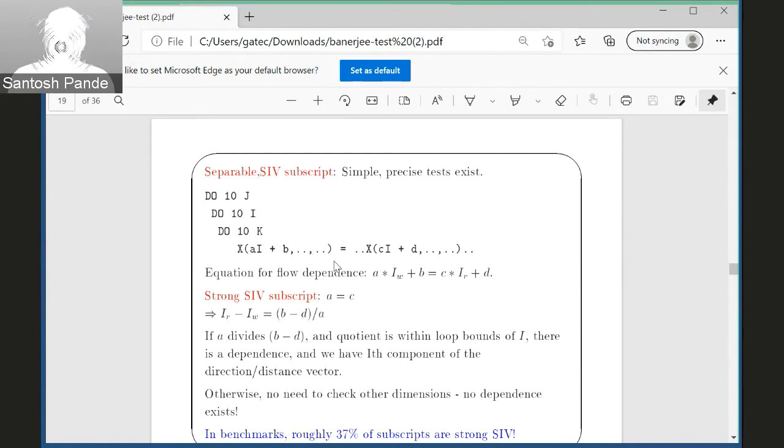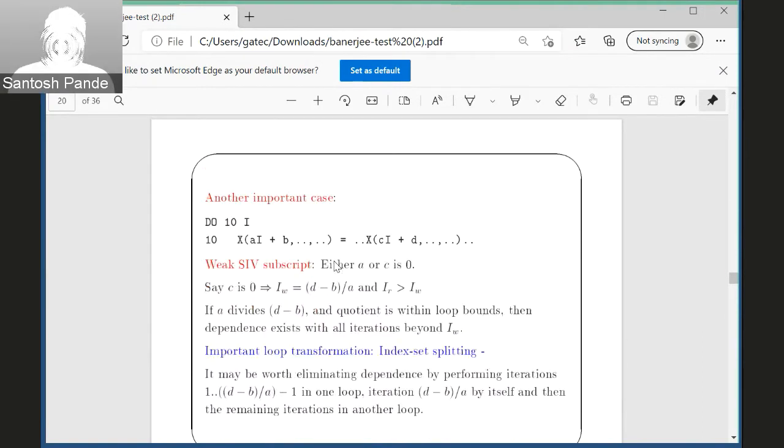About 37% of the cases are these SIV situations like this. This is also called a strong SIV condition because it has the strong condition like A is equal to C. Any questions about this part? Why the two conditions and so on? I hope it's clear. Okay, so if that is the case, then let's move on to the other one.